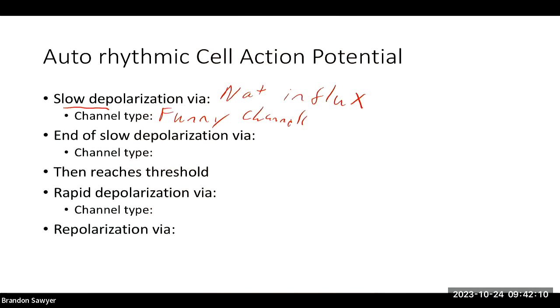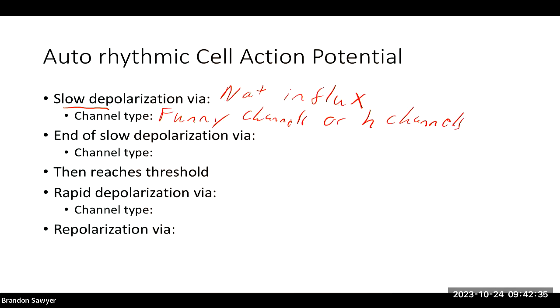Strange name, right? They're also just known as H channels. They allow for sodium and potassium to move, similar to the ones we saw in the neuromuscular junction, but sodium influx dominates over potassium movement, and so we get that slow depolarization.